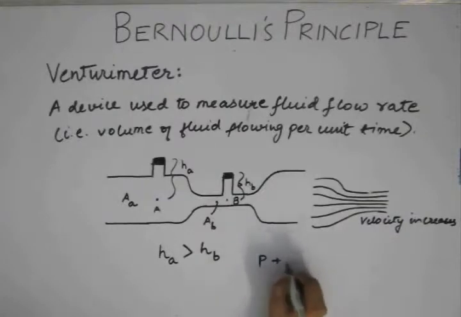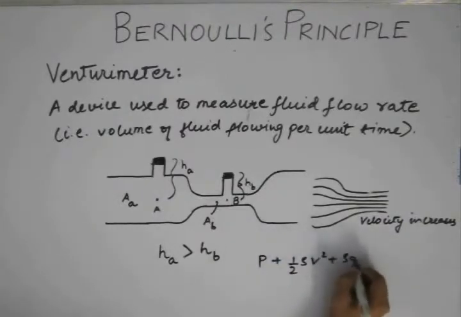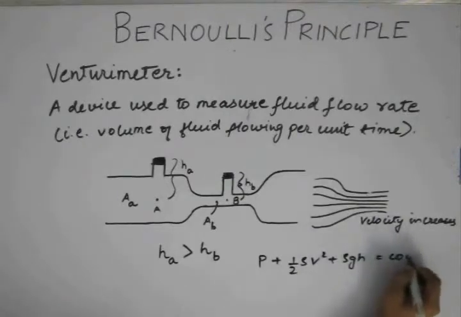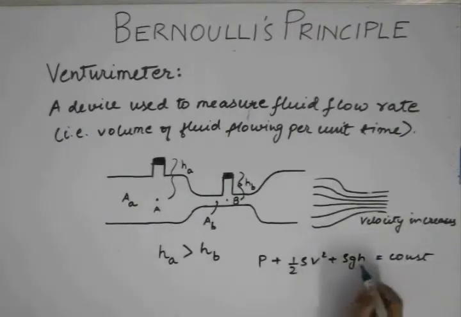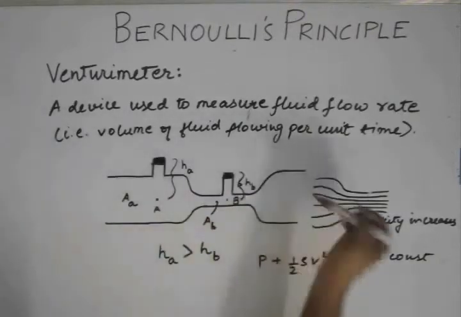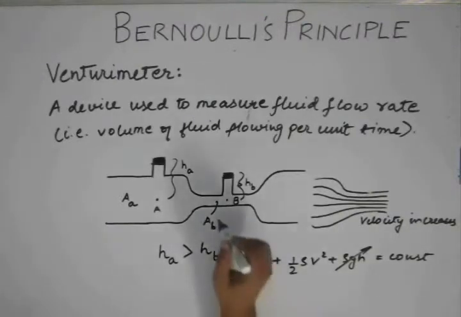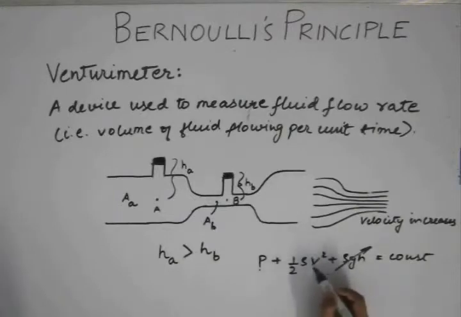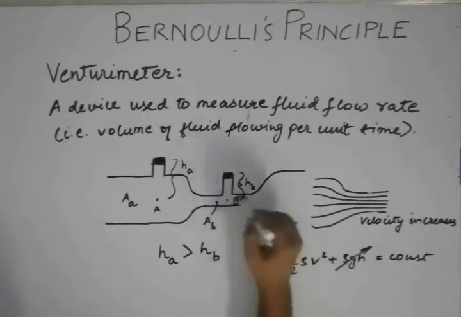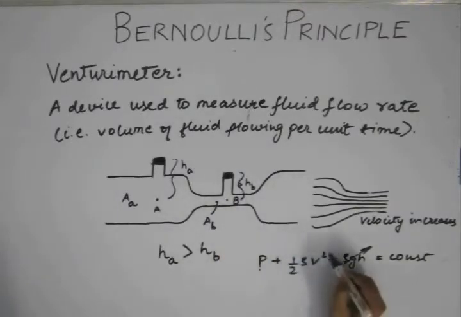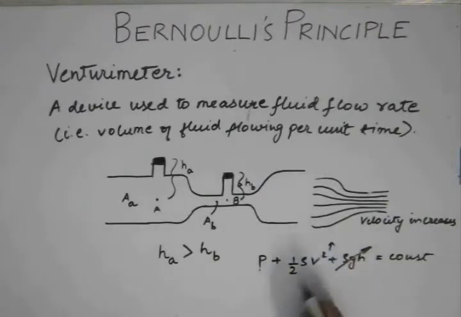Bernoulli's equation is this. Now, this term is basically unchanged between these 2 points because they are at the same level, so we can ignore this. The other term depends on velocity, and velocity increases here, so this entire quantity increases.